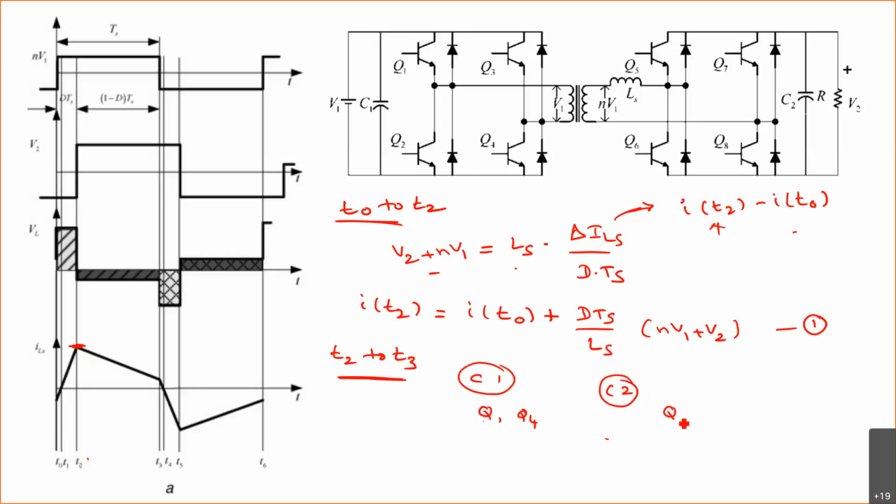Yes, Q5, Q8 are conducting, and the voltage across the inductor is NV1 minus V2. So is this positive or negative?